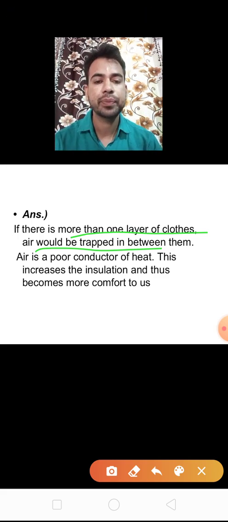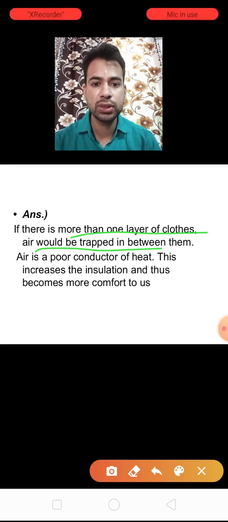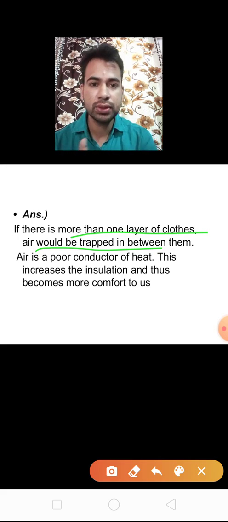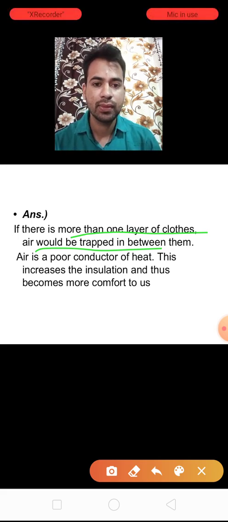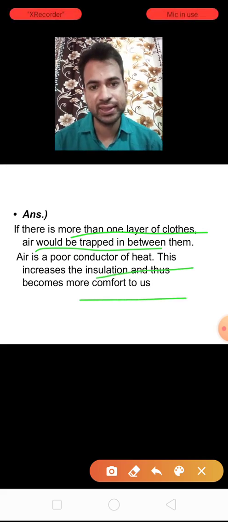That's why in winter we wear more layers of clothes. This increases the insulation and thus is more comfortable for us.